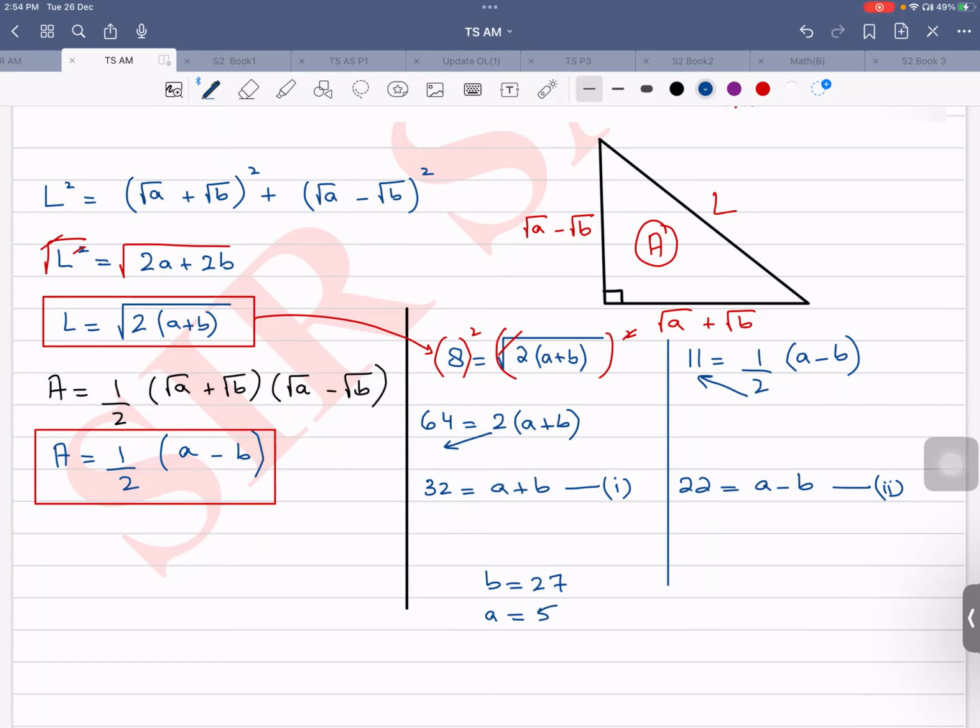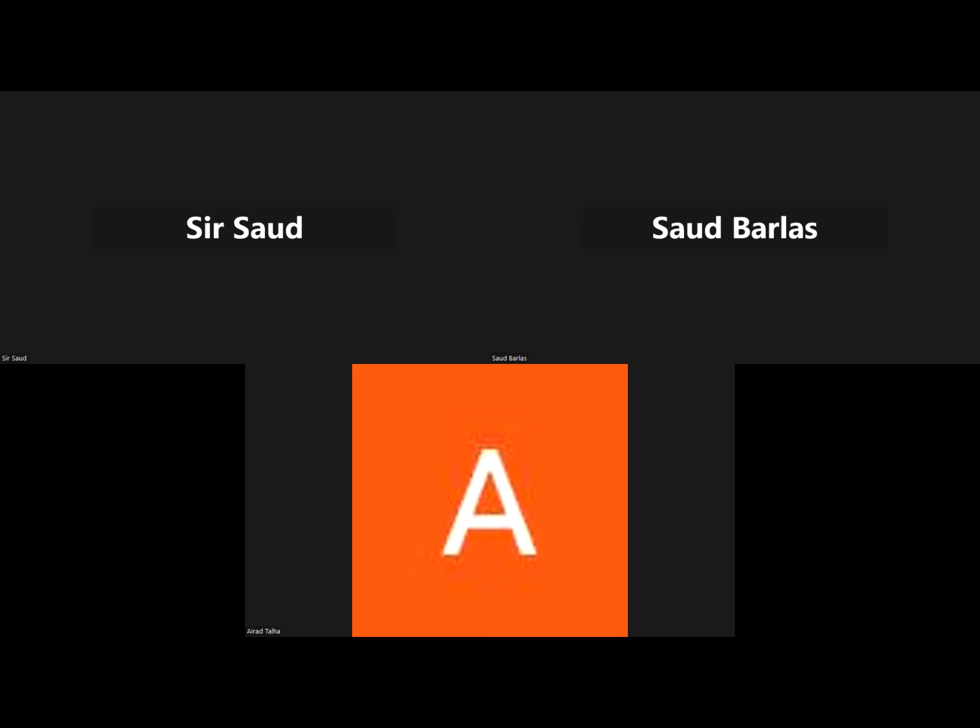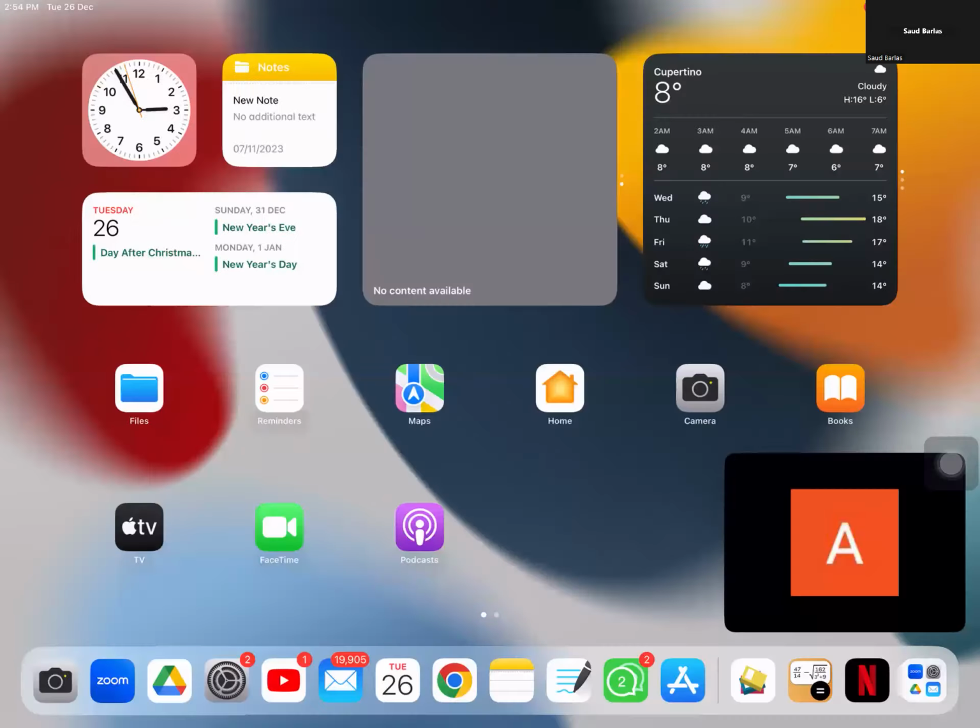Sir, I checked the answers of the book as well, but the book is saying that A is 27 and B is 5. I'm getting the opposite answer. Okay, let's see what's the thing with that.